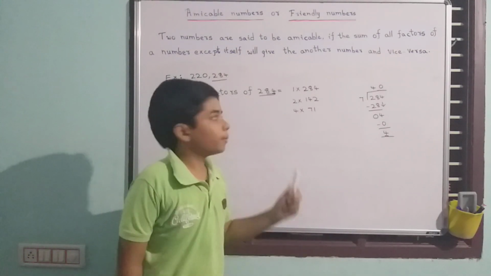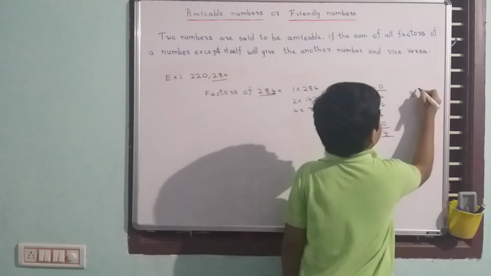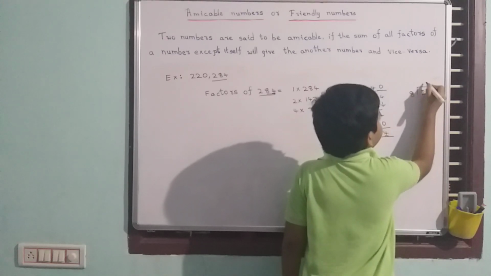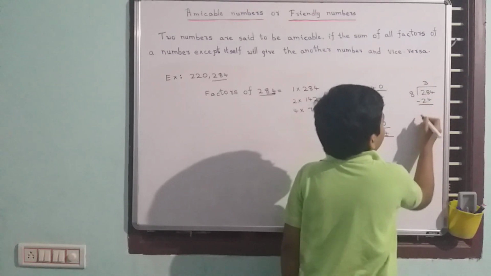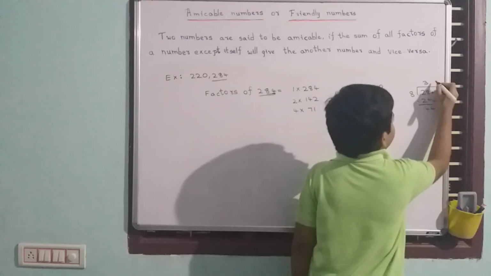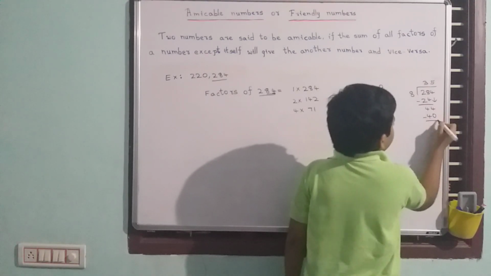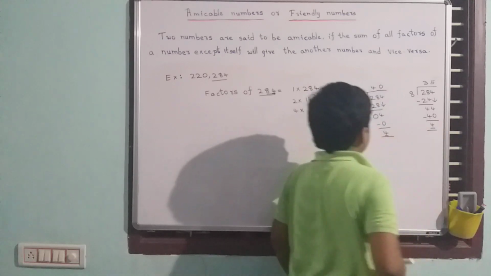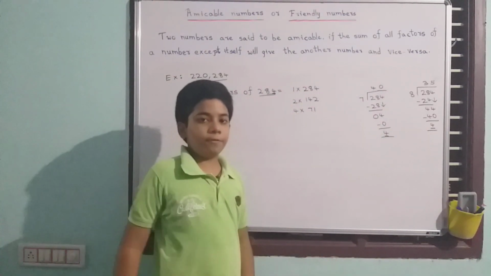Let us divide 284 by 8. 8 3s are 24. 28 minus 24, 4. Bring down 4. 8 5s are 40. 44 minus 40, 4. The remainder is 4. So 8 is not a factor of 284.